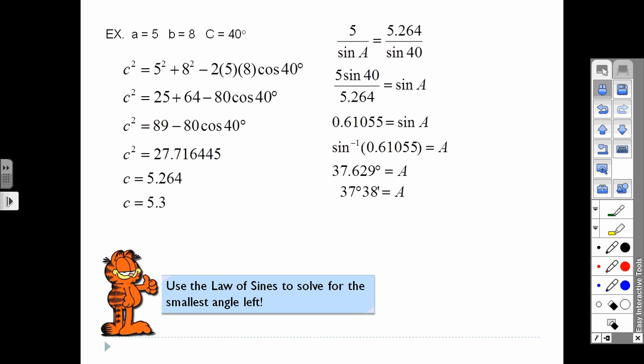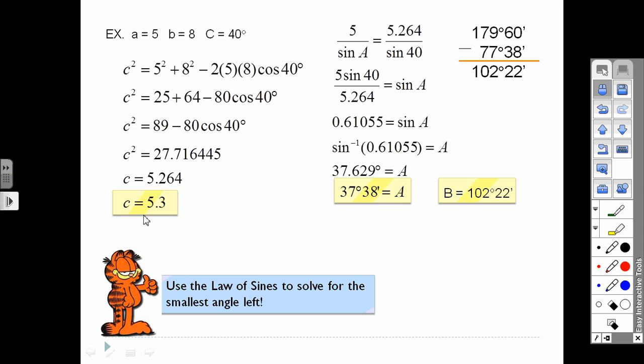So if we add those together and subtract from 180, remember to convert 180 into 179 degrees, 60 minutes, because we have to subtract minutes, we get 102 degrees, 22 minutes. Did I say 102? I hope I did. Anyway, so our final answer, we need side C, angle A, and angle B. Those are the 3 missing pieces when they asked us to solve the triangle.